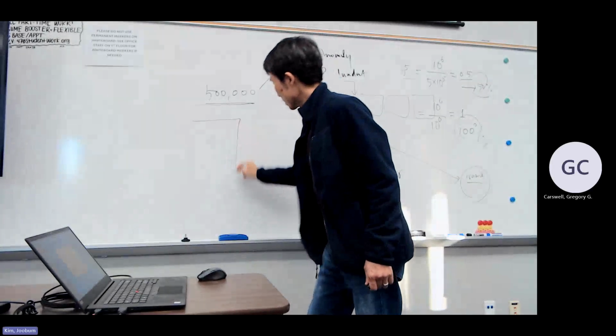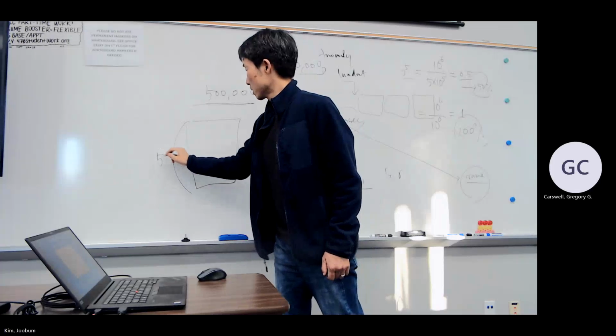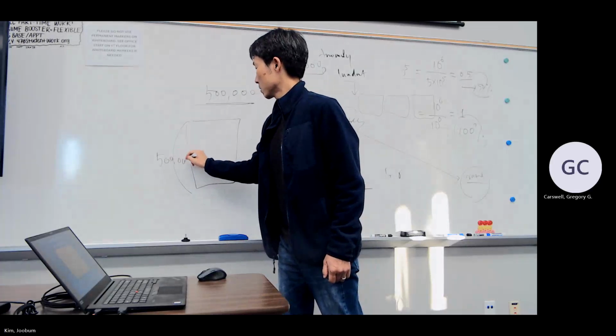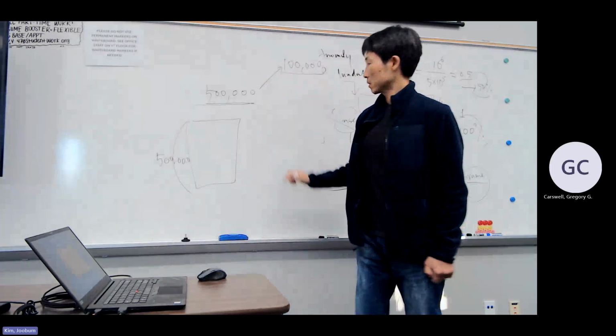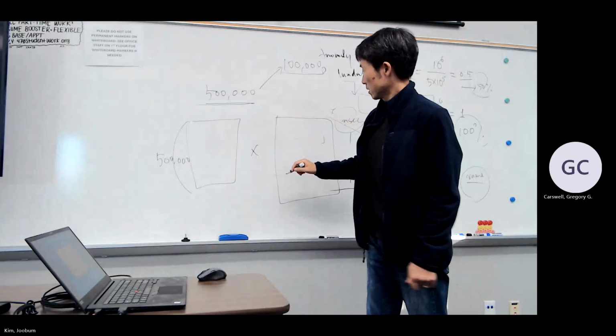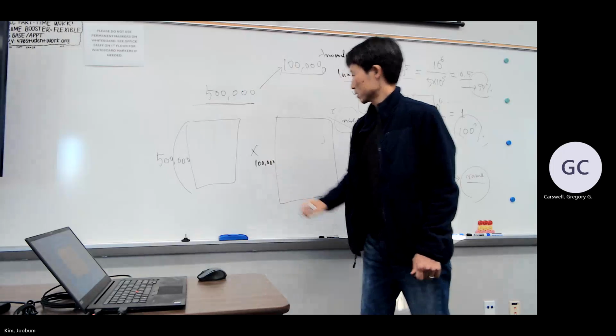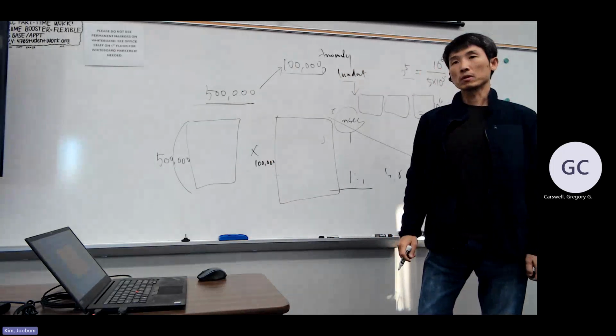That means in the salesperson table, the number of records is 500,000, and then the customer table has 100,000.